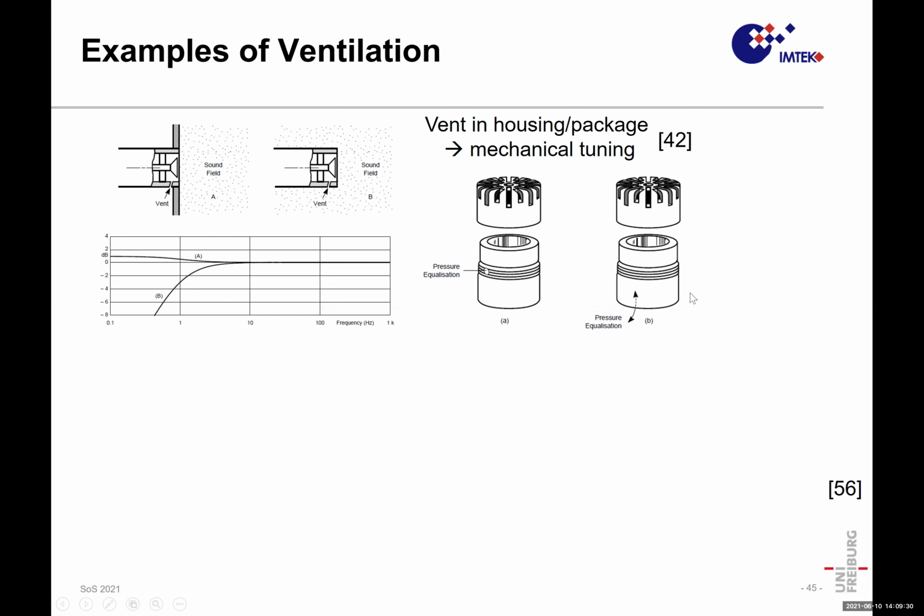This is a typical situation. These are those capsules which are metal-based, and you screw a grid over the diaphragm, which is this one. And if you screw the grid on, you have a little tiny hole here inside the wall, which you can tune a little bit by screwing the system. So there's a delicate mechanical system of ventilating, because you need to have a very tiny and precise hole to generate wide bandwidth. If it is too big, and by drilling far too big, you have issues to control those tiny holes.